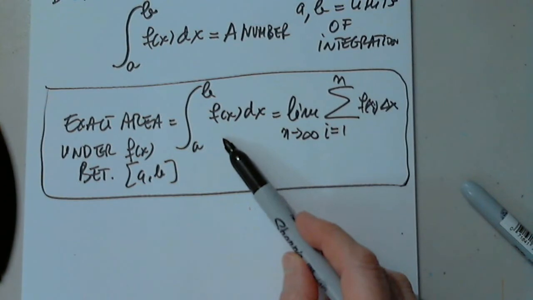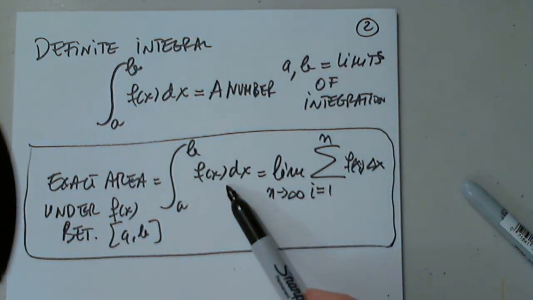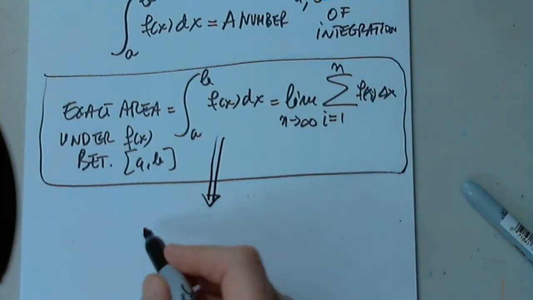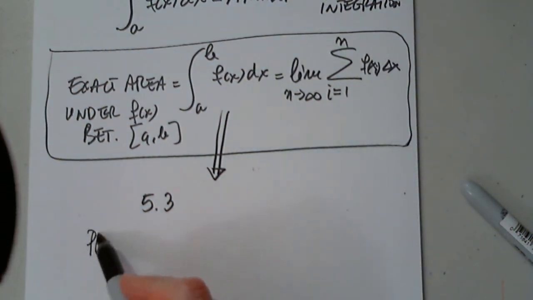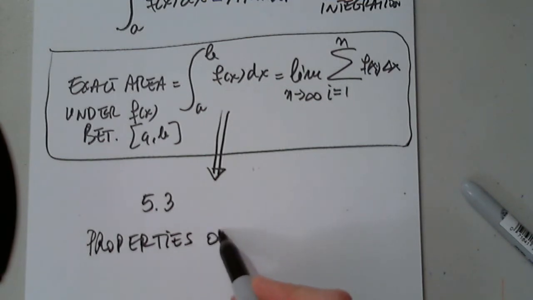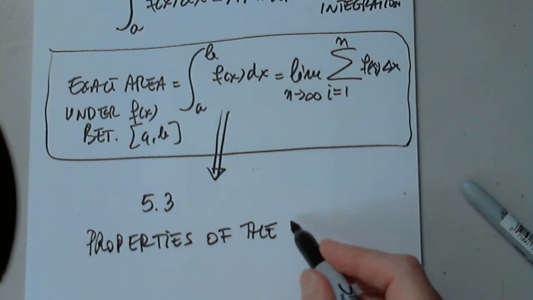Before we learn how we evaluate these definite integrals, let's look at some properties. And this is basically where 5.3 starts. So let's start with properties of the definite integral.